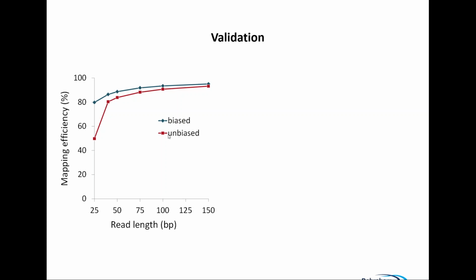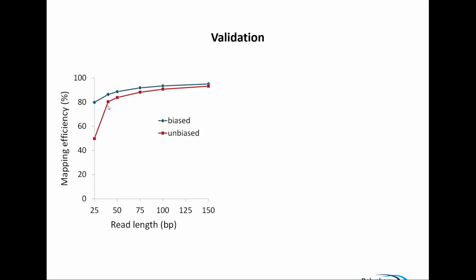However, if you do a 3-letter alignment, here called unbiased, then you can see that really very short reads have a very poor mapping efficiency, and this is just because we reduced the letters in the DNA down from 4 to 3. However, if you increase the read length to 50 or 75, so back in the days when I started, we normally had 36 base pair long reads.